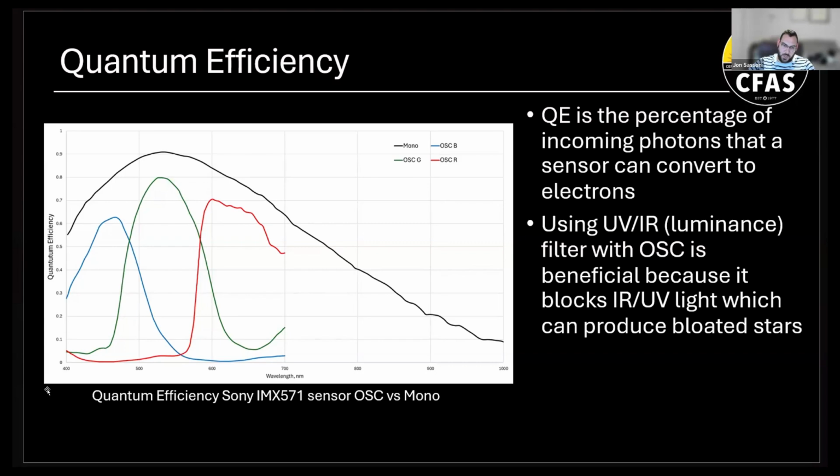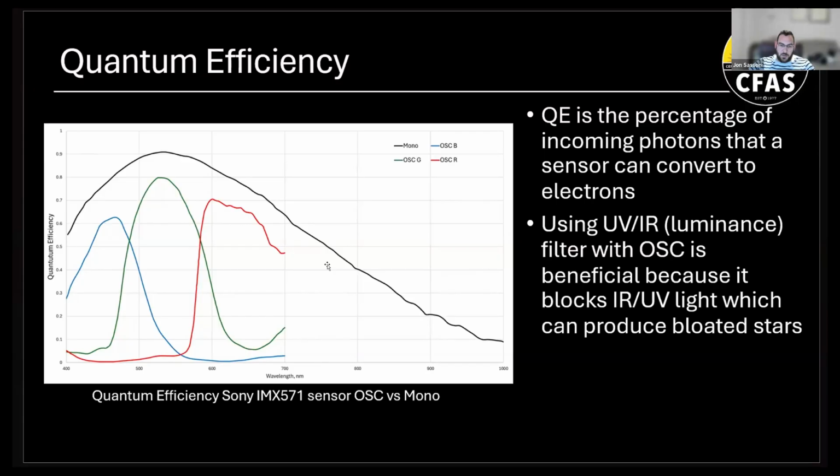It gives you a plot of wavelength versus efficiency. For example, it's telling you that at around 550 nanometers it has an efficiency of 91%, so it's only losing about 9% of the incoming photons at this specific wavelength.